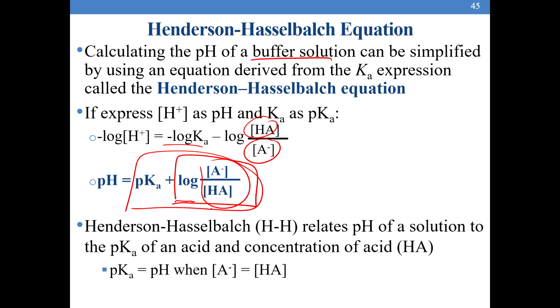It relates the pH to the pKa of some specific acid. This note at the bottom: when the concentration of A minus equals the concentration of HA, whatever the pH of the solution is, is the pKa of that acid.